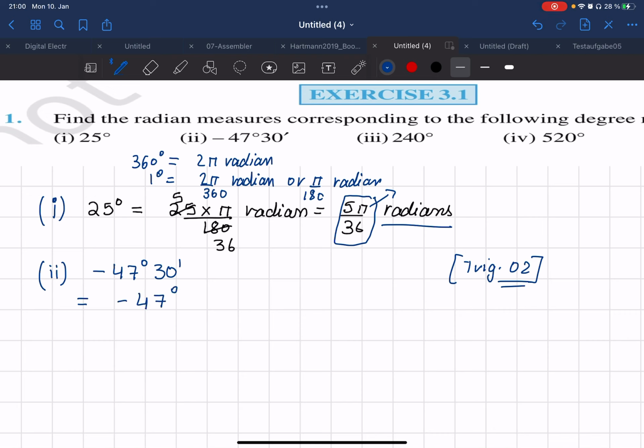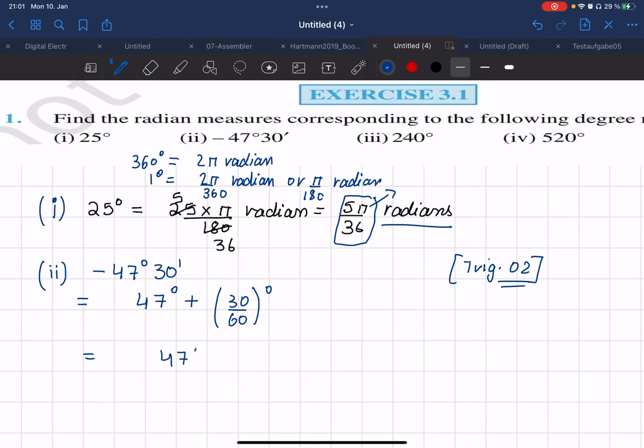So this is 47 degree 30 minutes. If I convert the minutes to degrees, that will be 30 upon 60 degree. For this purpose, I'll avoid the minus and put it at the end, because that will be easier; minus can play a very different role which we don't want it to play.